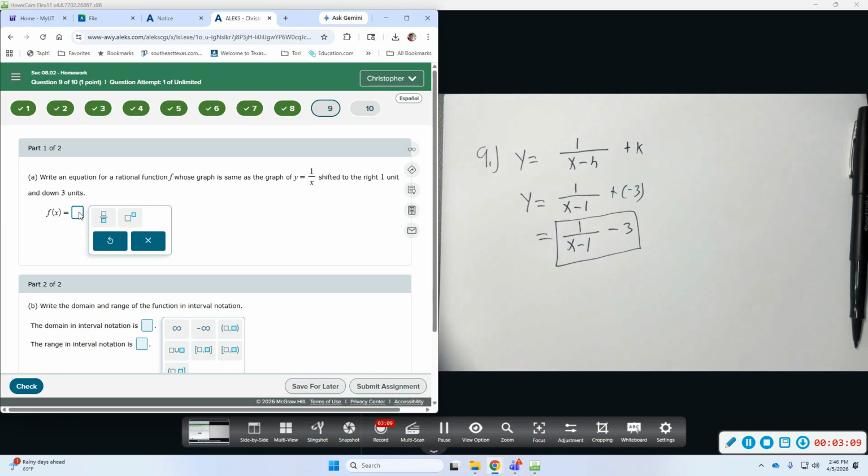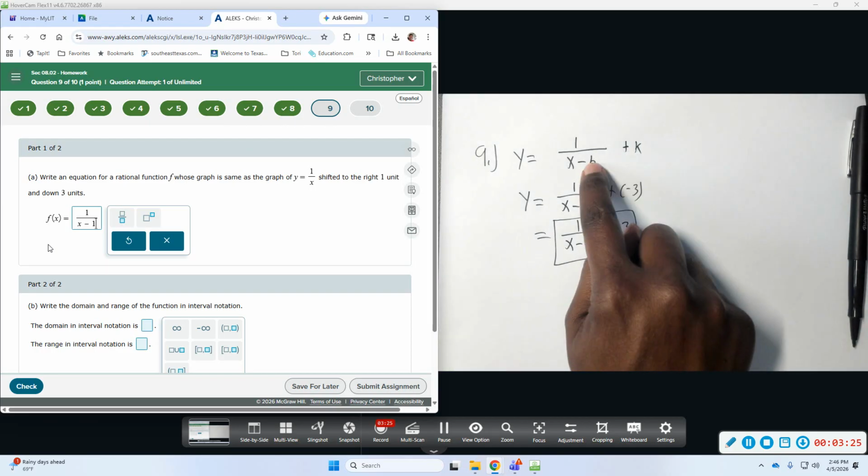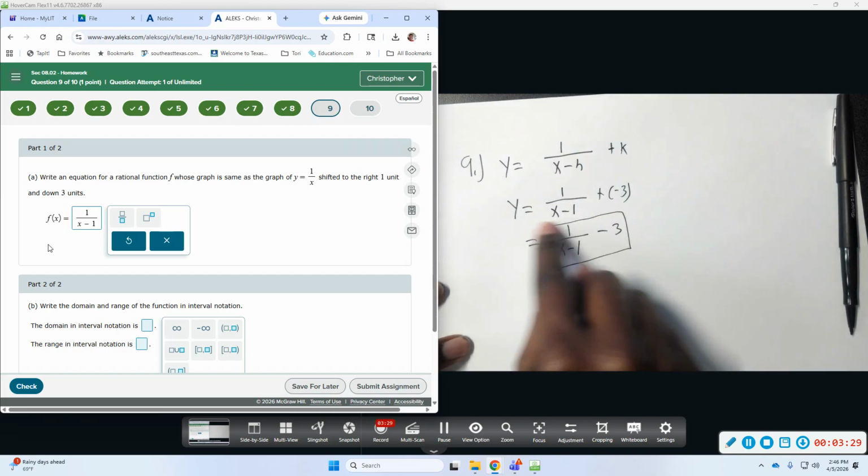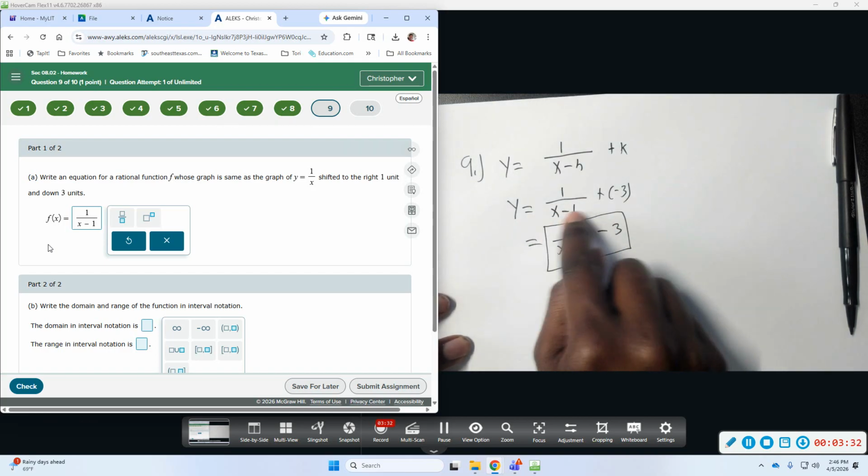So we're going to get 1 divided by x minus 1. I usually tell students whenever you see something with the x, you're going to do the opposite. So if I see a minus 1, that tells me I went plus 1. I don't like the way that they say it, but they're telling you based on what you plugged in. We plugged in a positive 1 to this h, and then we're seeing negative. So when it's with x, you're going to do the opposite of what you see.